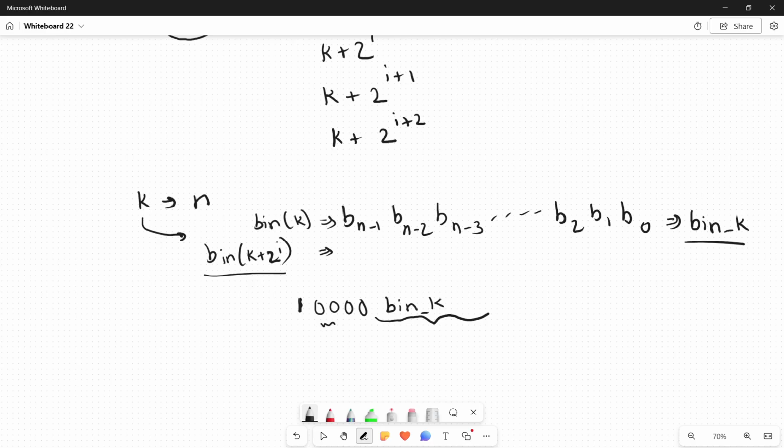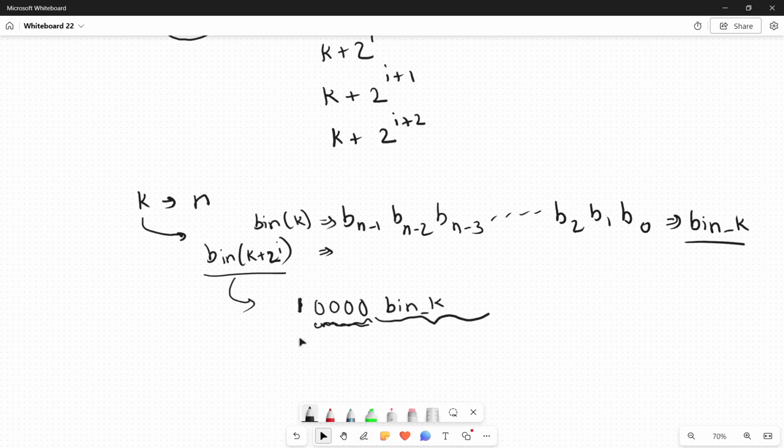We don't know how many zeros, of course it can be calculated, but some number of zeros will be there, maybe 0 or some number greater than 0. But basically k plus 2 to the power of i will look something like this.